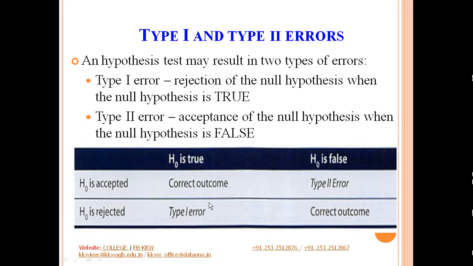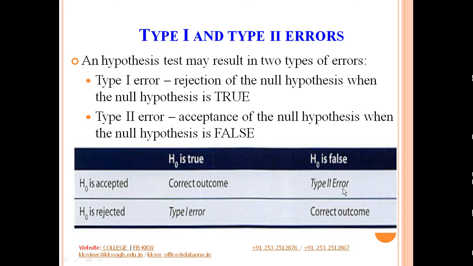Similarly H0, suppose it is false, but still suppose the evidences that we have collected support H0, because of which we have accepted H0, but it is actually false. So it results in an error, the second type of error, that is type 2 error.